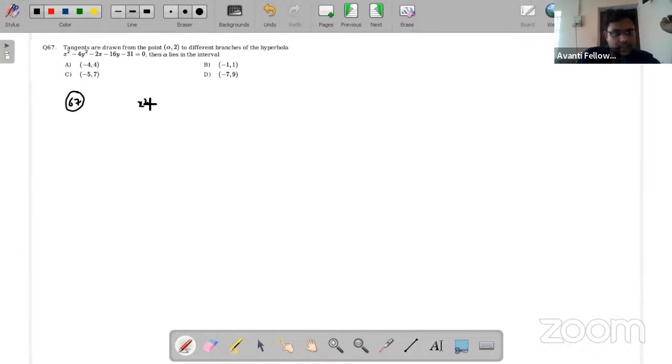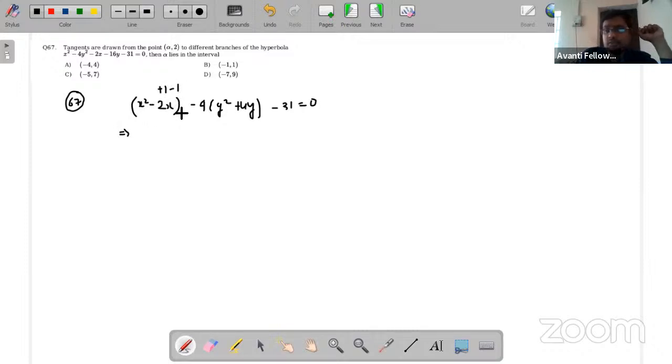So x square minus 2x, then minus 4y square. Minus 4 I am taking common, because 16y also has 4 common. So y square plus 4y, and remaining is minus 31 is equal to 0. Okay, now you can see, to make it a perfect square, I have to add 1 here.